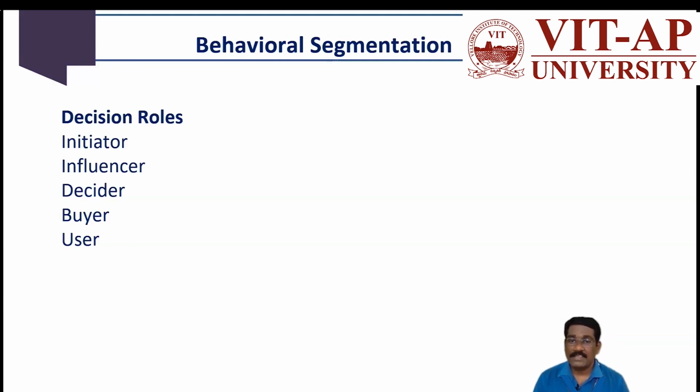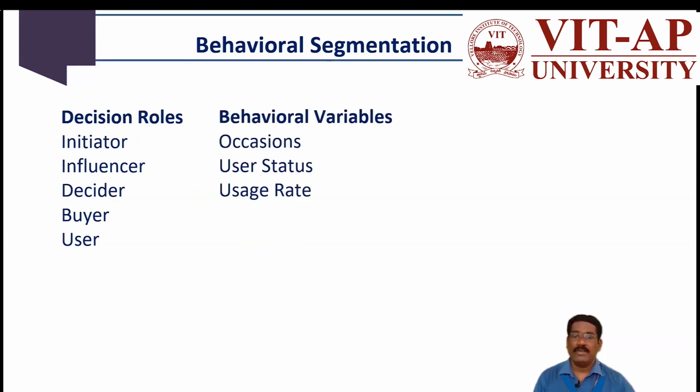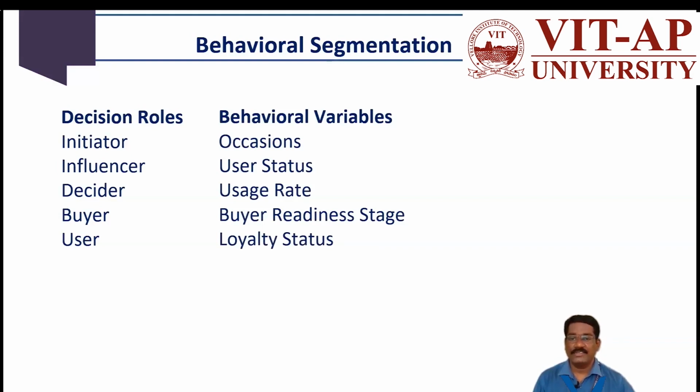So marketers need to understand the decision roles happening within the family, and accordingly they have to formulate marketing strategy under behavioral segmentation. Under behavioral segmentation, we have certain behavioral variables: occasions, user status, usage rate, buyer readiness stage, loyalty status, attitude, and multiple bases.